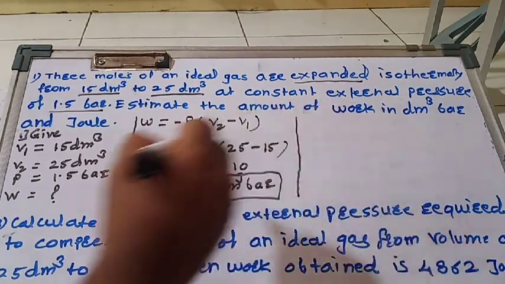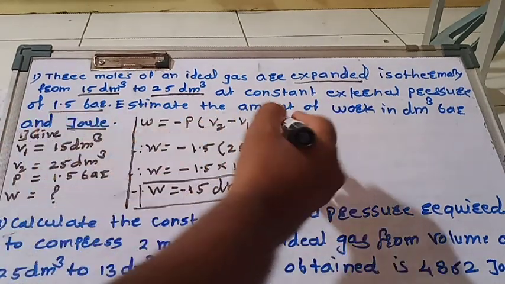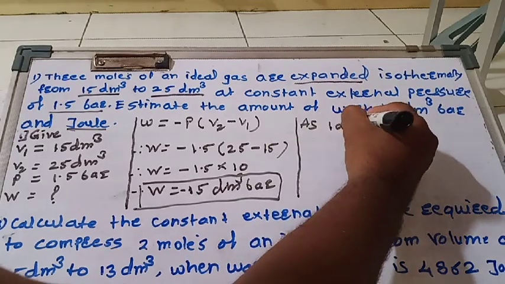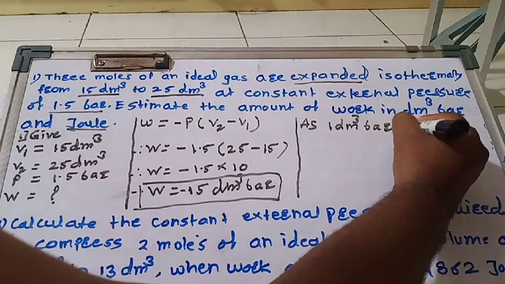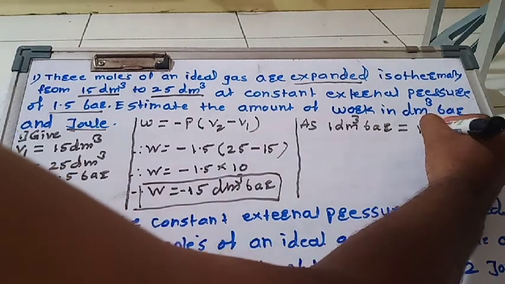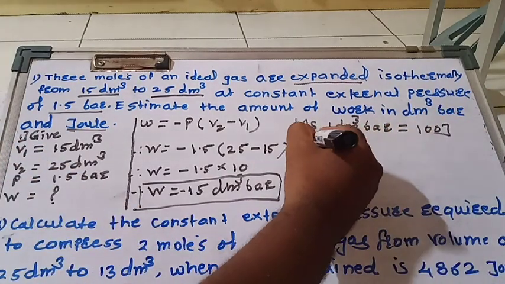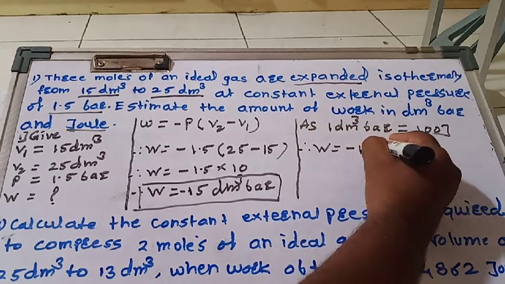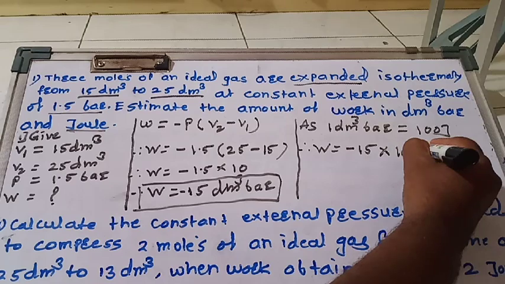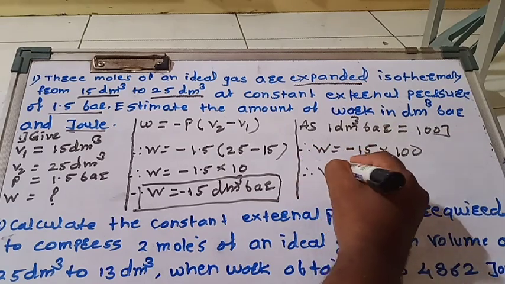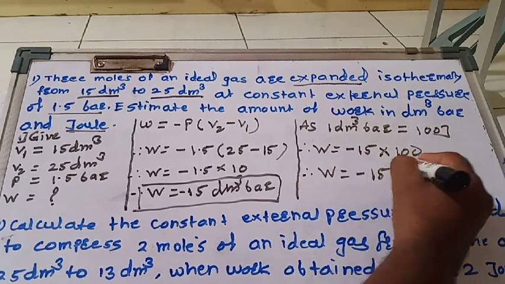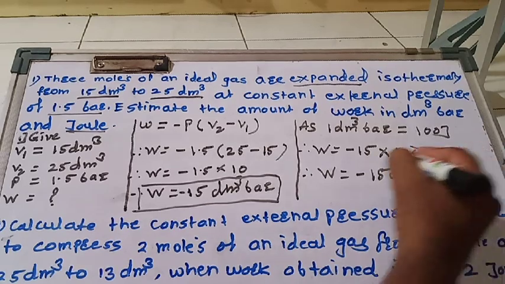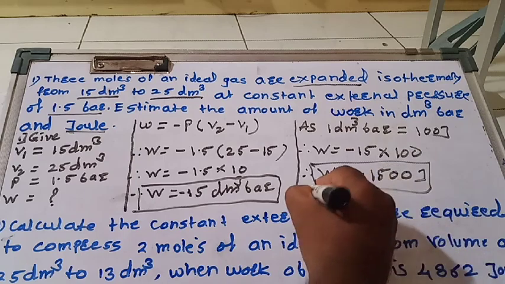Then W in joules, as 1 decimeter cube bar is equal to 100 joules. Therefore, W is equal to minus 15 into 100. This is equal to minus 1500 joule. So this is answer.